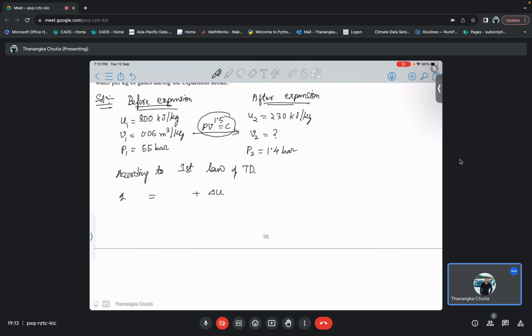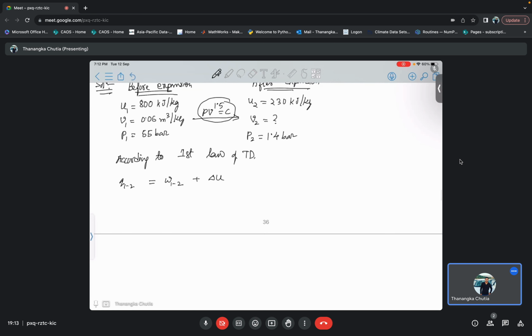Delta U will be equal to U2 minus U1. We have these values: U2 is 230, U1 is 800, so this will be minus 570 kilojoule per kg.